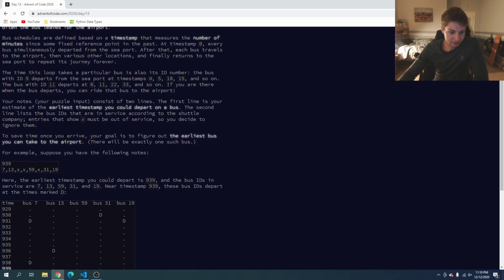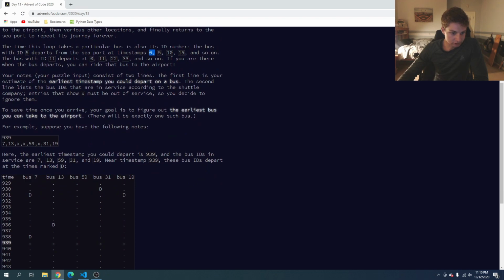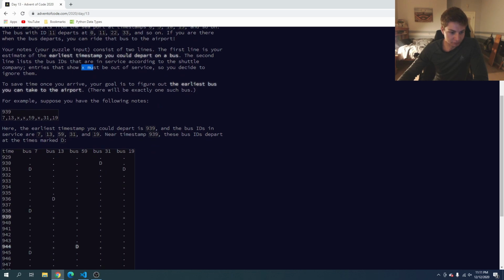The bus's ID number, it departs every multiple of its ID number. The first line is your estimate of the earliest timestamp we could depart. The second line is the bus IDs, and X means the bus is out of service. Your goal is to figure out the earliest bus we could take to the airport.